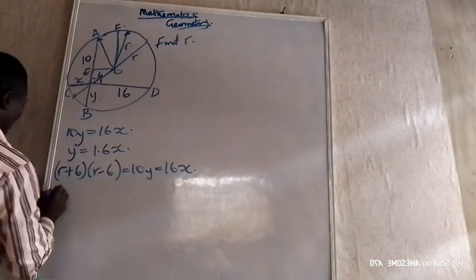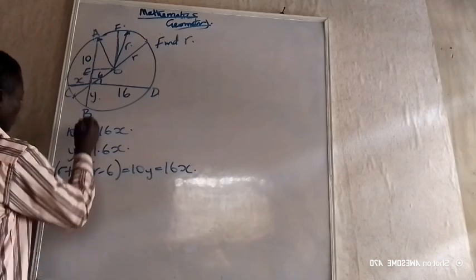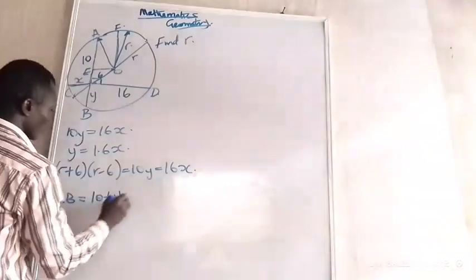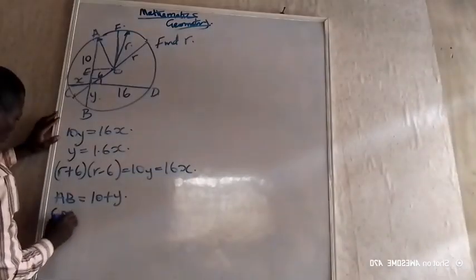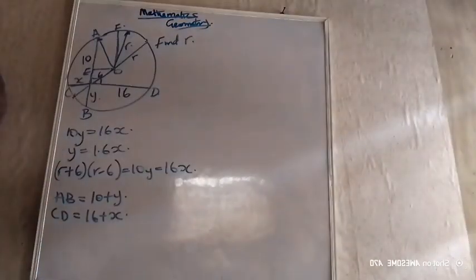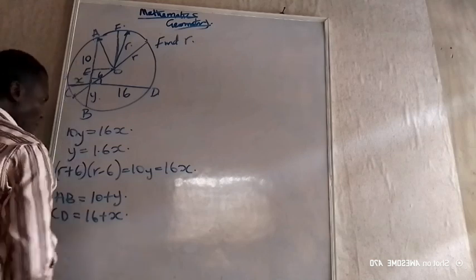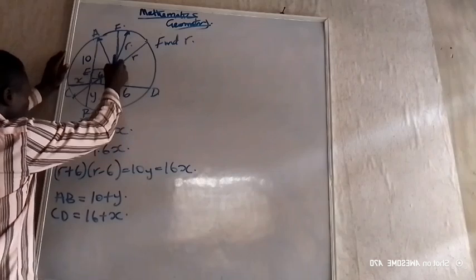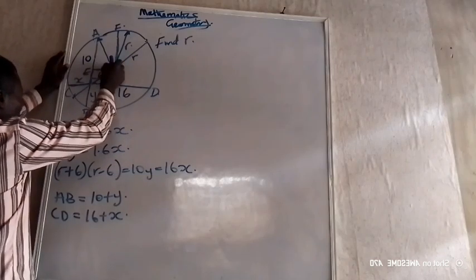Now, AB is equal to 10 plus y. CD is equal to 16 plus x. We know that when we cut the chord at the center perpendicularly, it bisects it and will pass through the center. So this is what I'm doing here, and this is what I'm doing here.